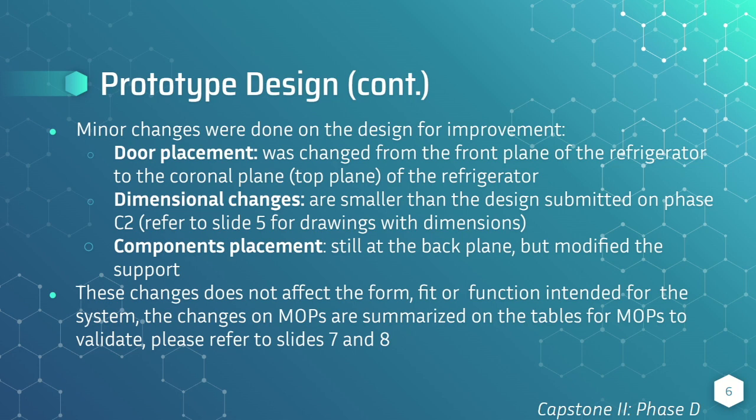On the second design, some components are still embedded into the design, but a design was added to support a metal design. These changes do not affect the form, fit, or function intended for the whole assembly. Continuing, it will be explained how the MOPs are summarized, explained and validated, and shown how they didn't change at all.